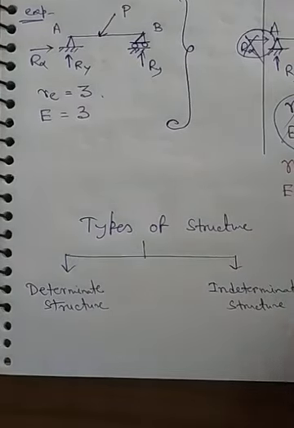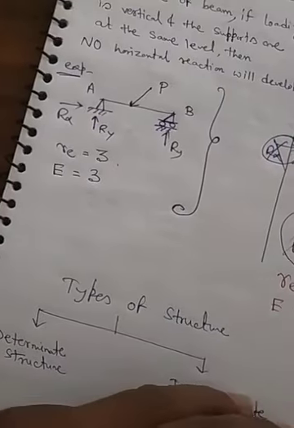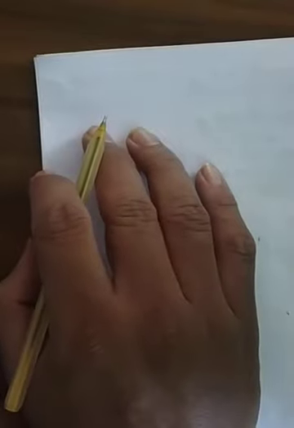Now what is indeterminate structure and what is determinate structure? We have to know the basic differences between determinate structure and indeterminate structure. What properties determinate structure has and what properties indeterminate structure has, we all have to know. So first comes determinate structure.